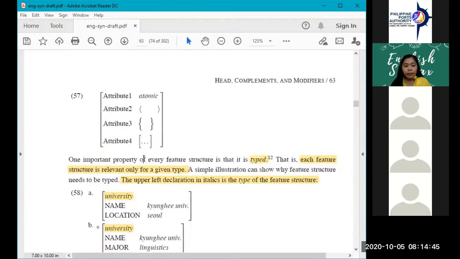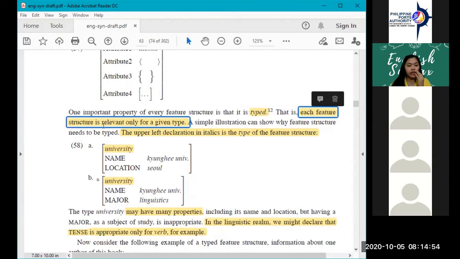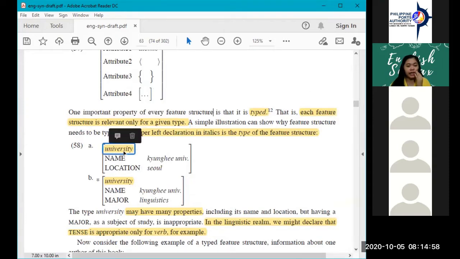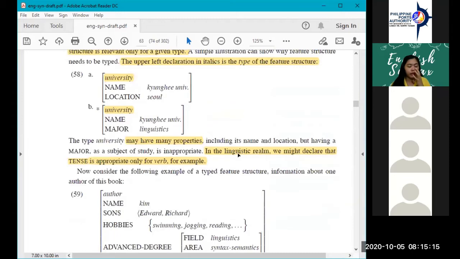So one important property of every feature structure is that it is typed, which means it indicates the type. Each feature structure is relevant only for a given type. Even though every feature structure is typed, in the present grammar we will not specify the type of each feature structure unless it is necessary for the discussion.